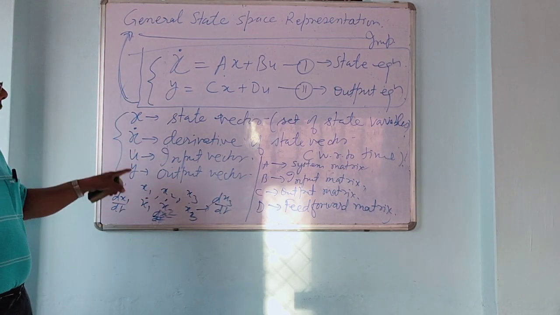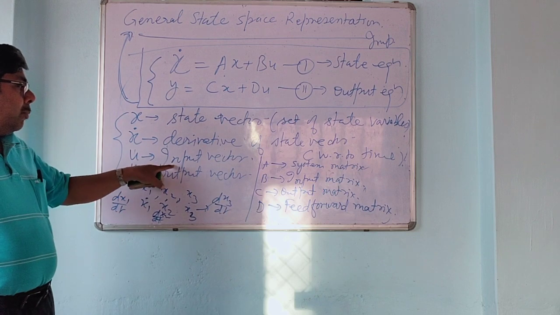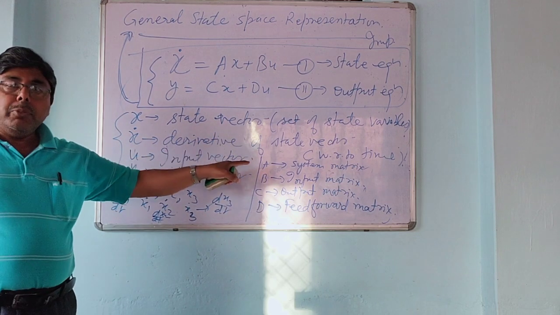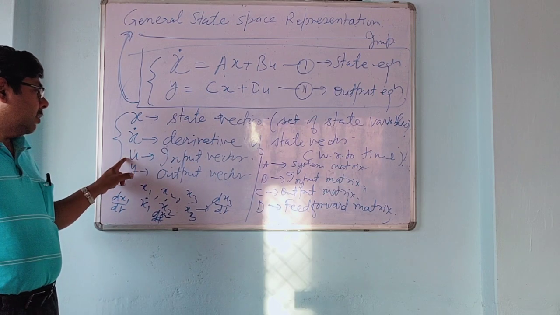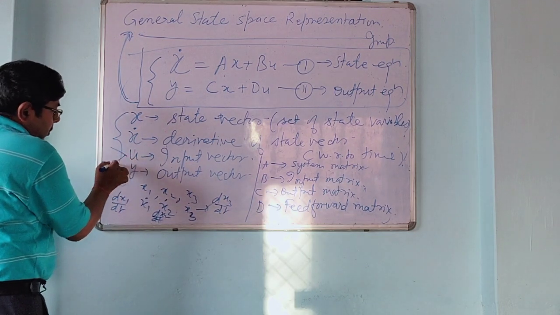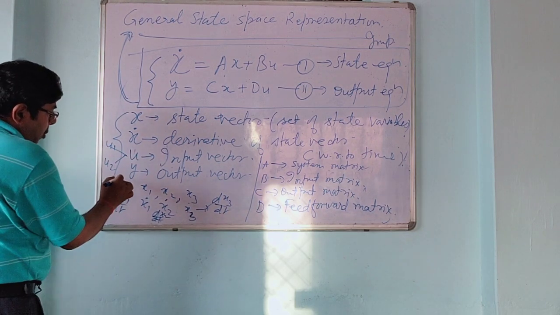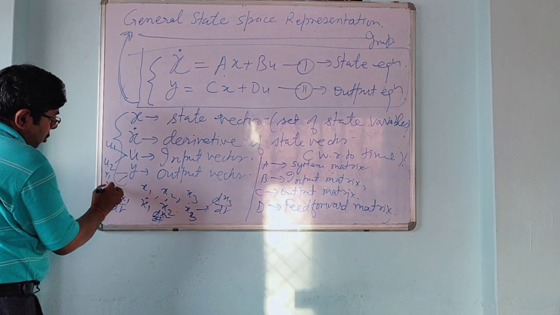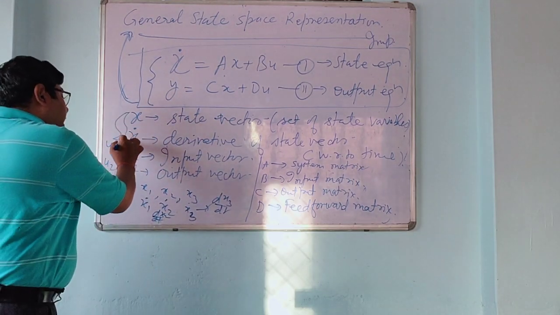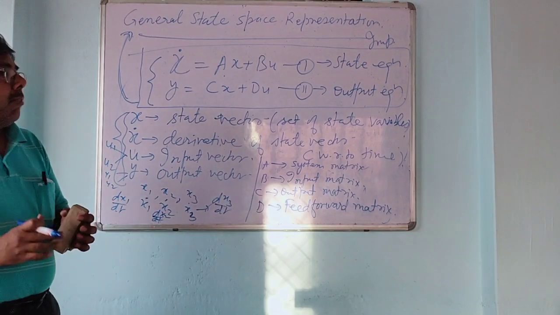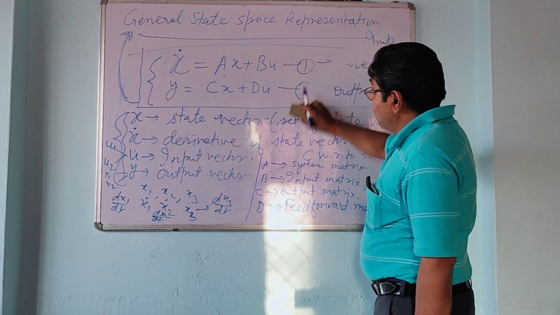So these are the derivative of state vector with respect to time. And the input vector involves many inputs. Suppose a system involves 2 inputs, then the input vector contains 2 inputs. If we have 2 outputs, then y1, y2. So all these are vectors, meaning sets of variables. So this is all about the general representation.